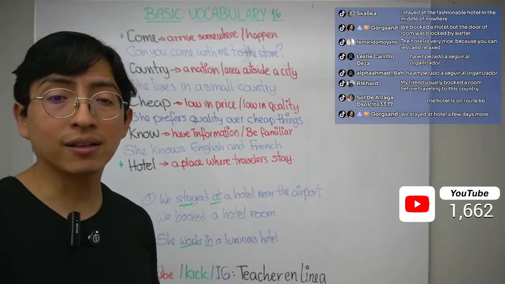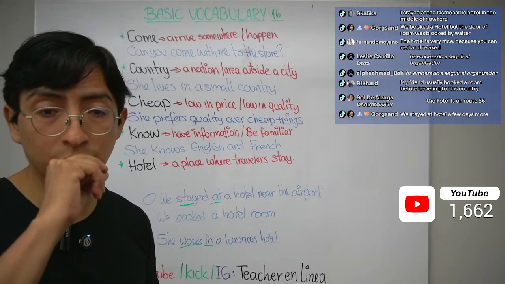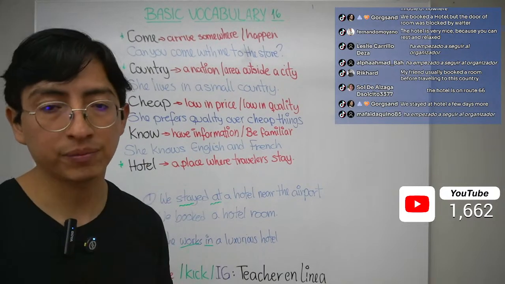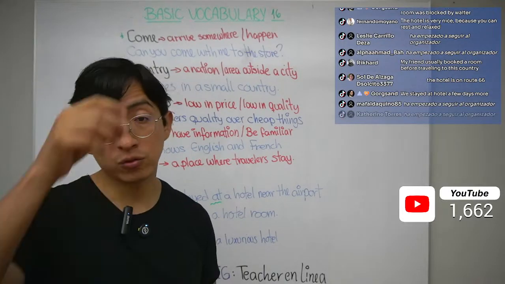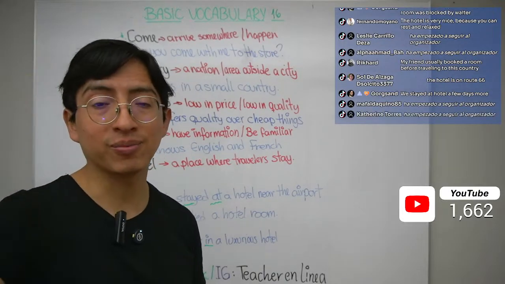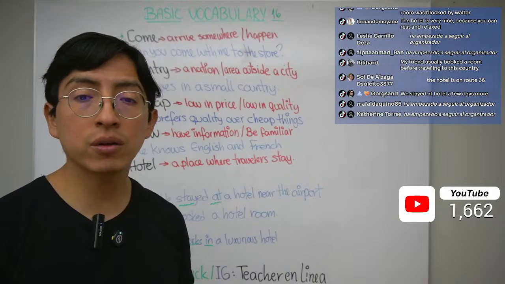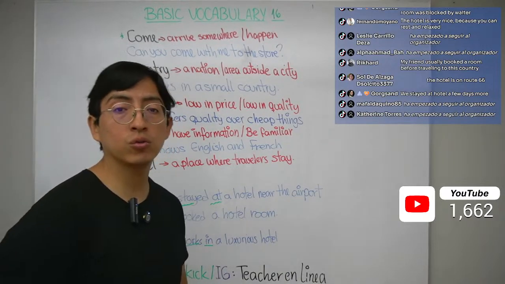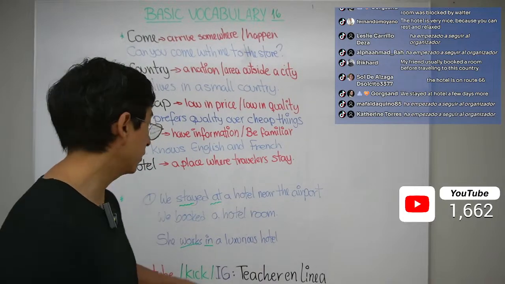We stayed at a hotel a few days more. Okay, at a or at the hotel. The hotel is on Route 66. Very good. My friend usually booked before traveling to this country. Okay, Richard, be careful with this.